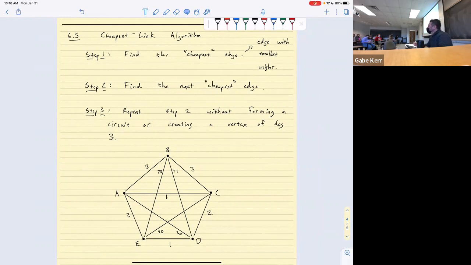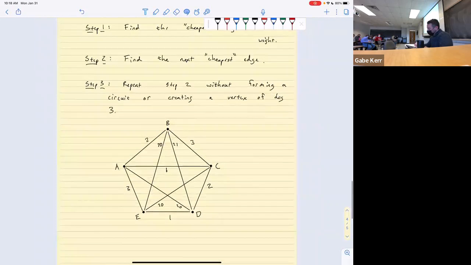A to C or E to D. So let's choose A to C. Now I look at my graph and find the next cheapest edge, and the next cheapest edge is A to D. If I choose it, I haven't formed a circuit, and I haven't created any degree 3 vertices.